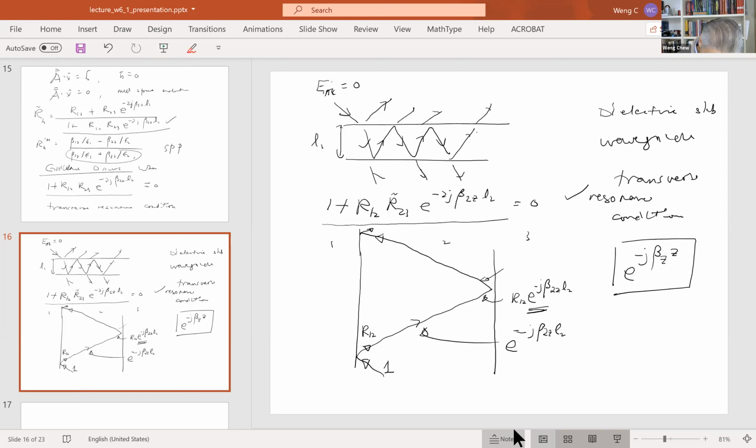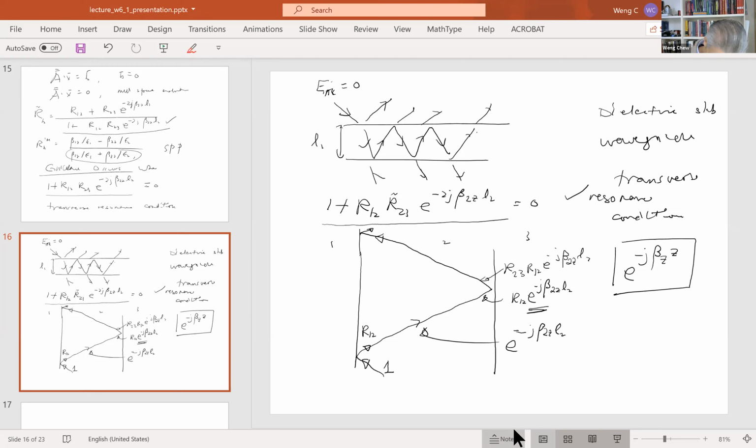Then if it bounces once more, it will be reflected by R23, so R23 R12 e to the minus j beta 2z L2 is its amplitude.